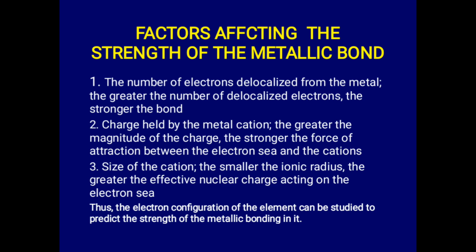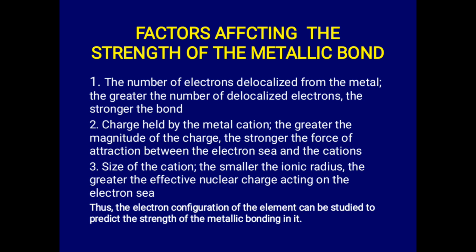Secondly, the charge held by the cation. Like we have said, if the cation has +1, +2, +3, as the charge increases, the strength also increases. Why? Because the greater the magnitude of the charge, the stronger the force of attraction between the electron sea and the cations.